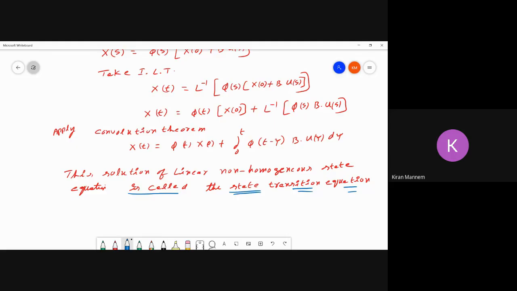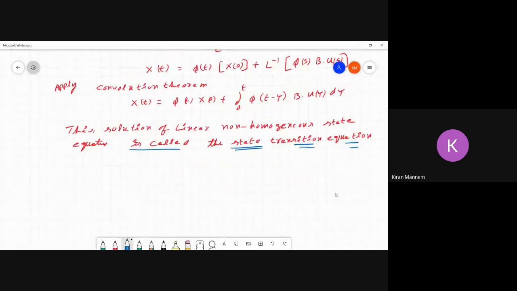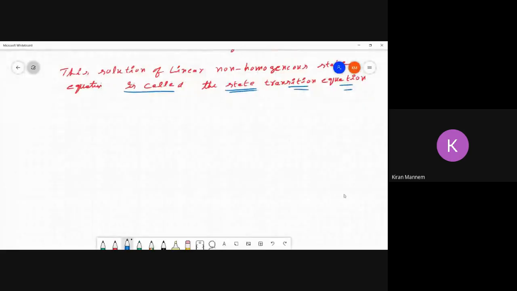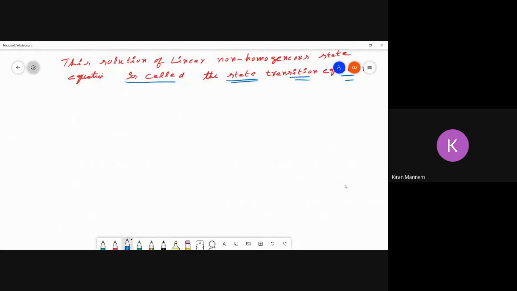Okay, so let us take one example to understand this concept.